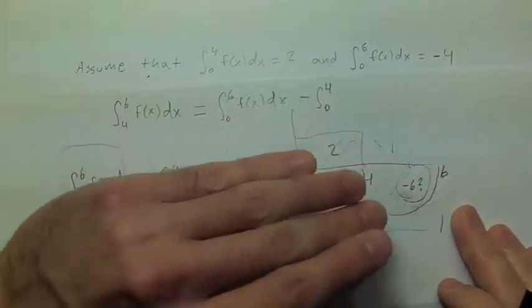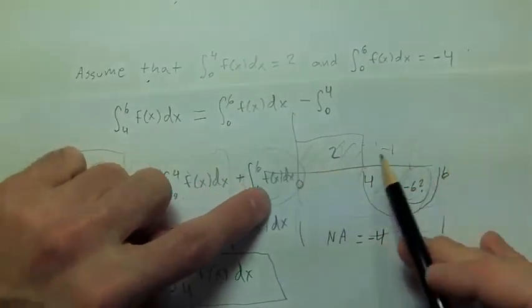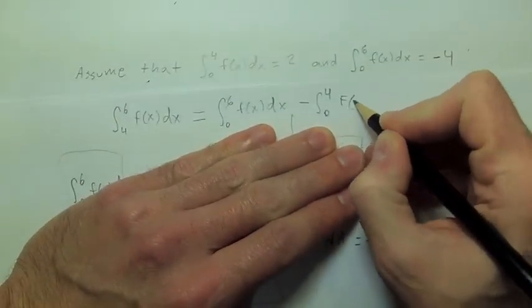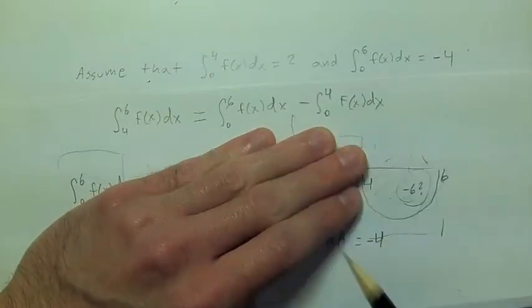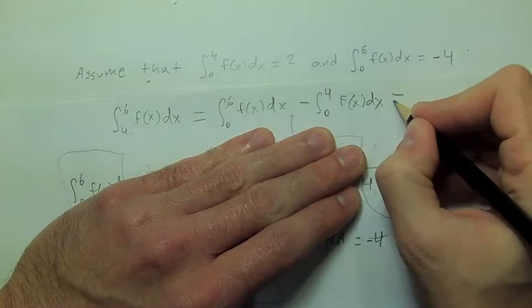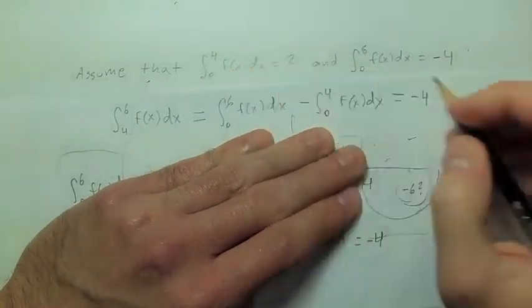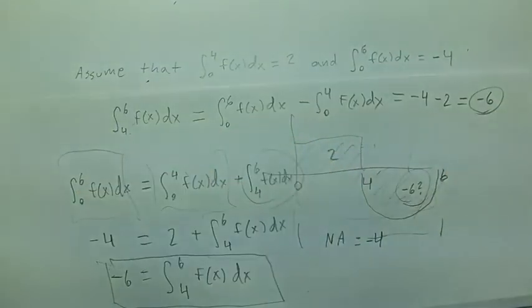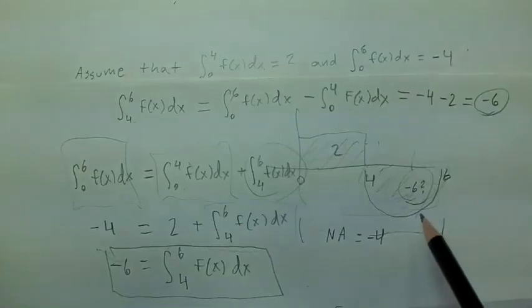If we subtract out 0 to 4, we're given 4 to 6, which is what we have right here. And if we fill in those pieces, 0 to 6 was -4, minus 0 to 4, which was 2, is -6.